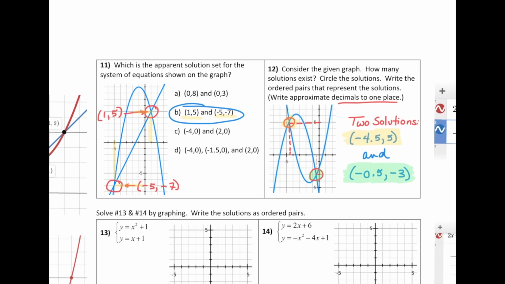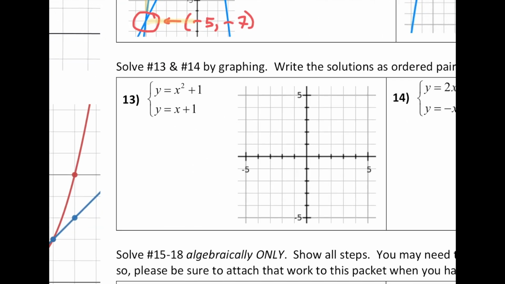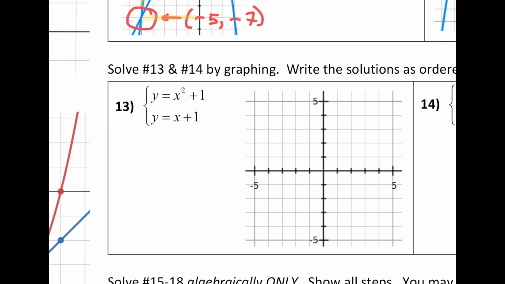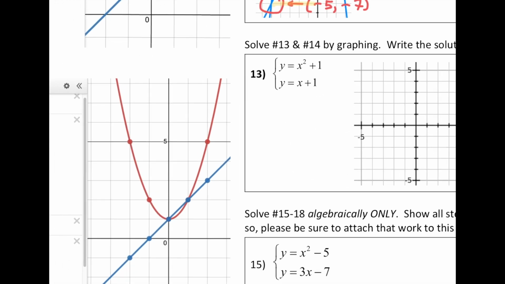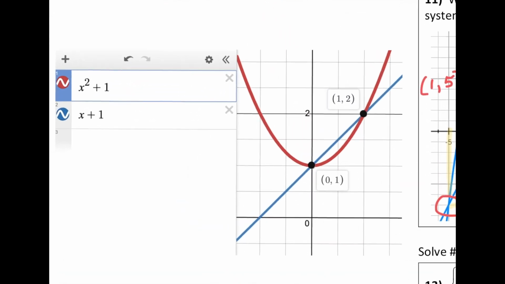Now, the other way that we can ask these questions is to ask you to draw the graph and then write your solutions as ordered pairs. So let's say in number 13 that I ask you to graph this system. You've got x squared plus 1 for your quadratic and x plus 1 for your linear. When you type that into Desmos, it's going to look kind of like this.